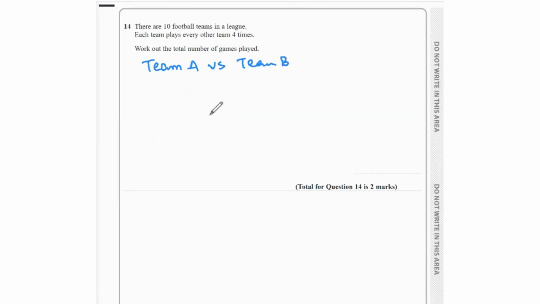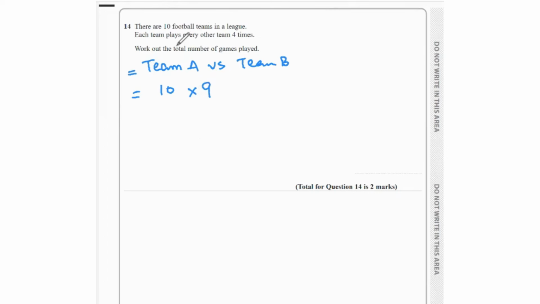So team A versus team B is 10 times 9, because when you're talking about team B, it's one less from the total number of teams. When you're talking about team A, that's all of the 10 teams, but if it's playing against team B, then it's one less team. So 10 times 9 for that.